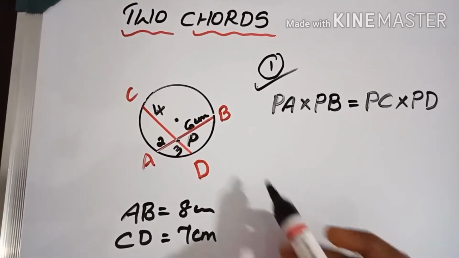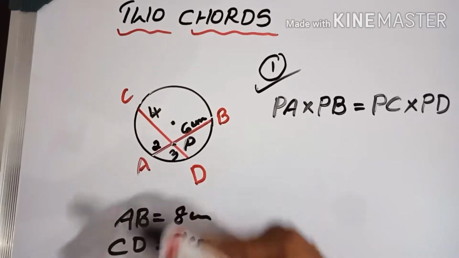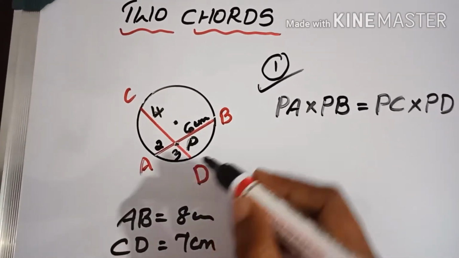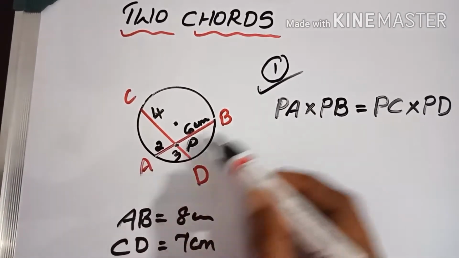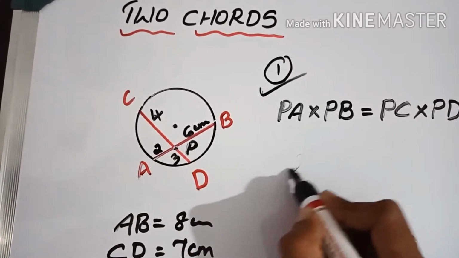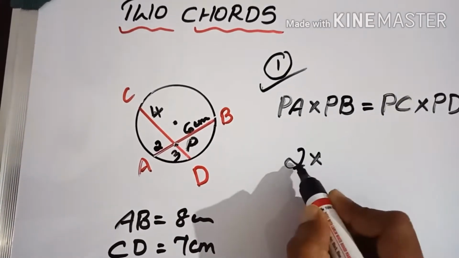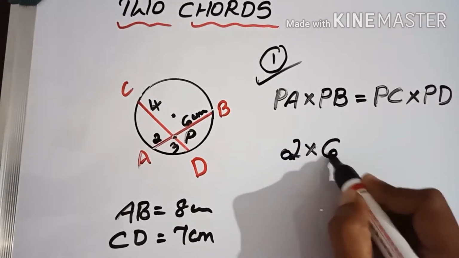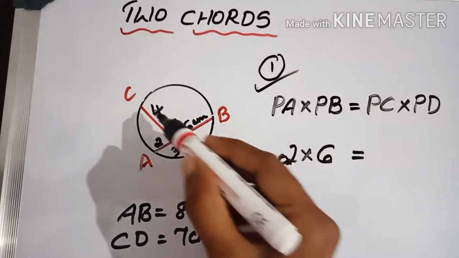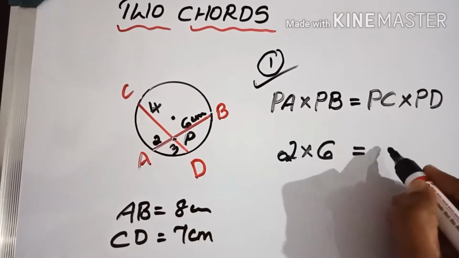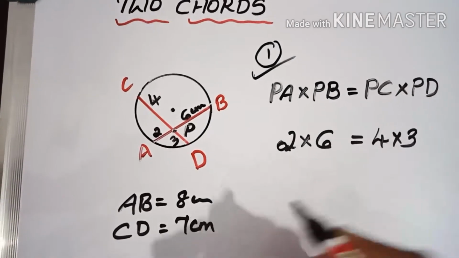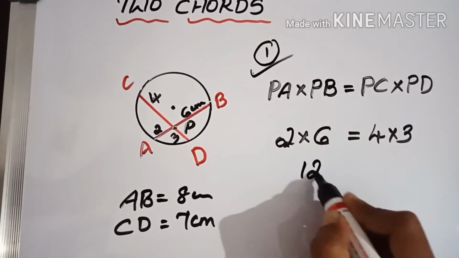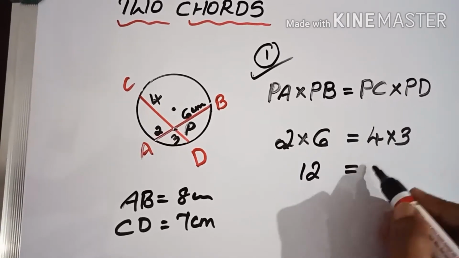Then let's check that the product of these parts will be equal. For the first chord AB, the product of parts is 2 into 6. The next chord's parts are 4 and 3, so 2 into 6 equals 4 into 3. 2 into 6 is 12, which is equal to 4 into 3, 12.